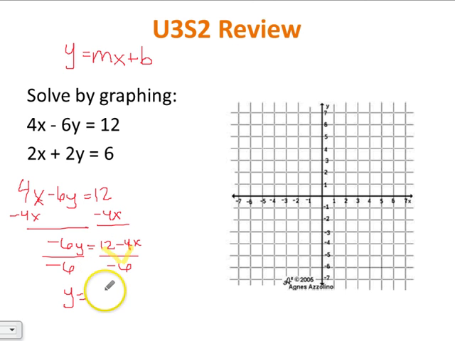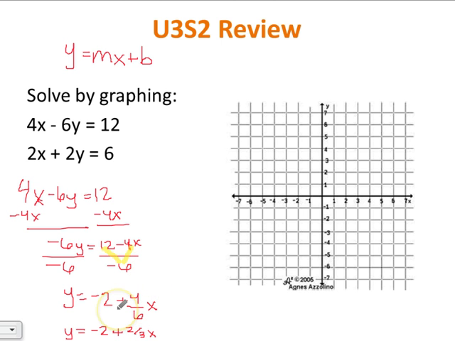So 12 divided by negative 6 is negative 2. And then negative 4 divided by negative 6 is going to be a positive 4/6 x. And then we know that we can reduce that fraction, divide each side by 2, so we get 2/3 x.